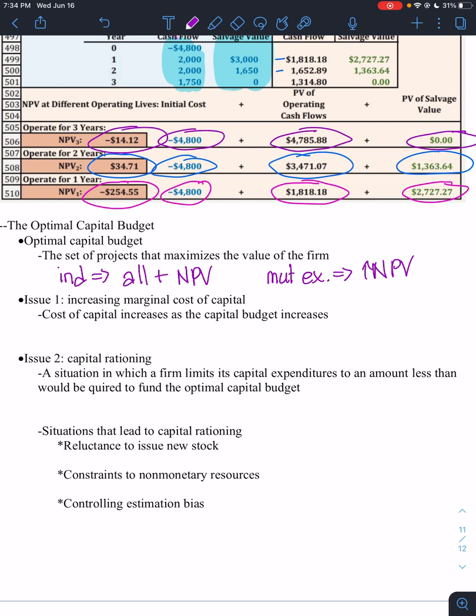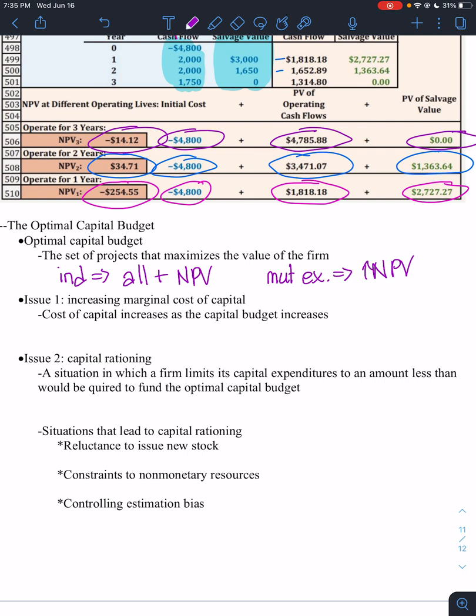Your cost was 10% when you were nice, low risk and weren't using a lot of debt. But now it'll be 12 and then 14 and then 16%, right? That makes sense. That's a legitimate story. And it's not just debt that becomes more expensive, right? As your debt becomes more expensive, guess what happens to your equity? It also becomes more expensive.